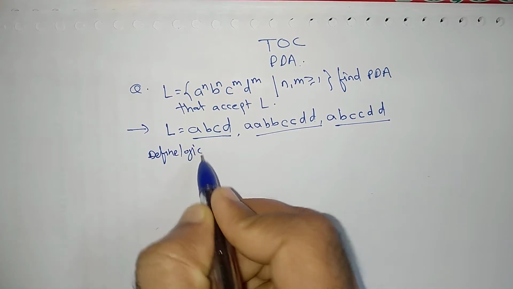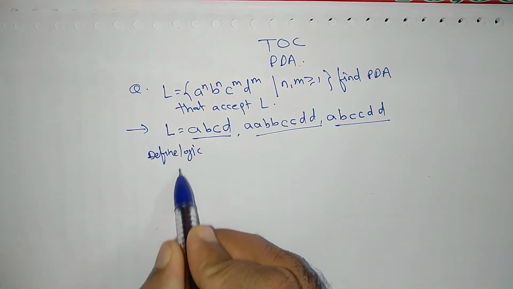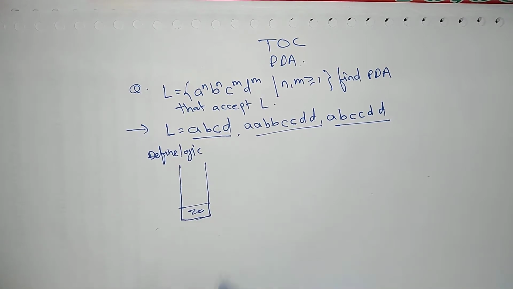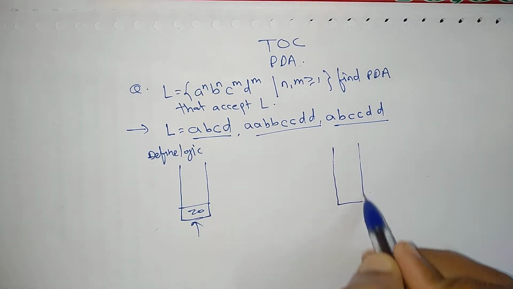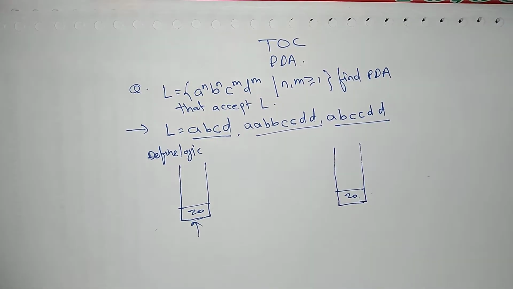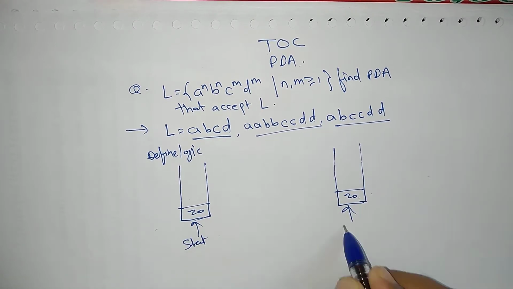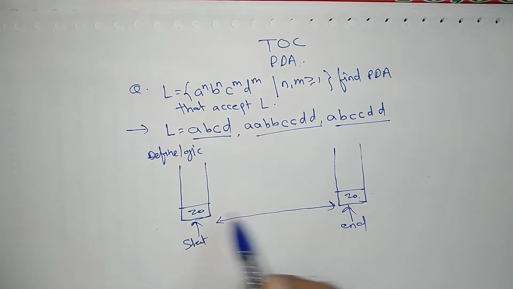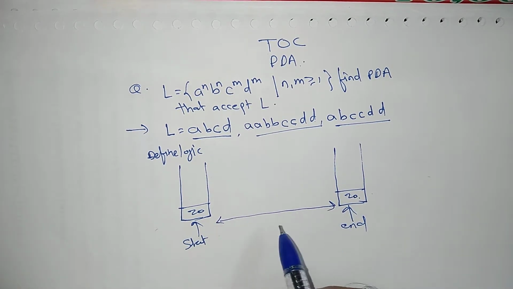What type of logic can we implement here? Z0 will be the stack symbol. This is the start, and I should end with Z0. I have to perform all the operations in between, between the starting state and the end state.